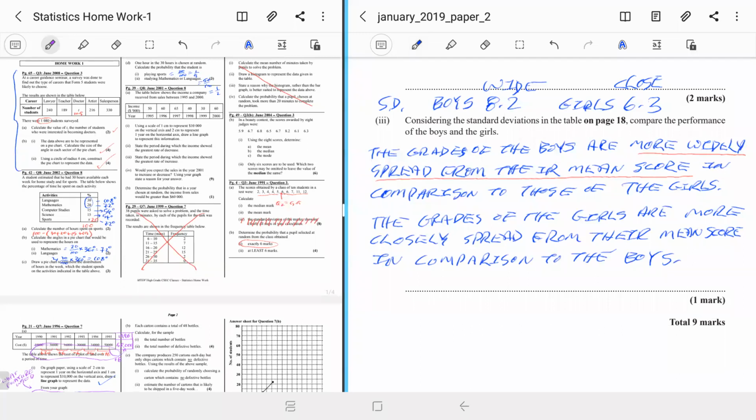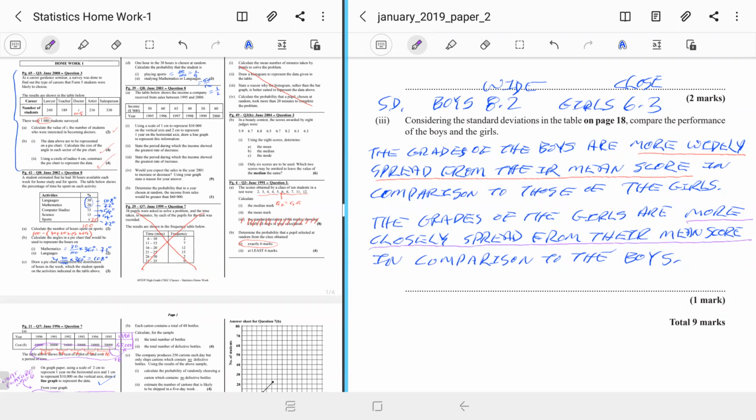Keywords to use again: more closely spread from their mean score. You're seeing how the data is spread from the mean score of the boys and how the data is spread from the mean score of the girls.